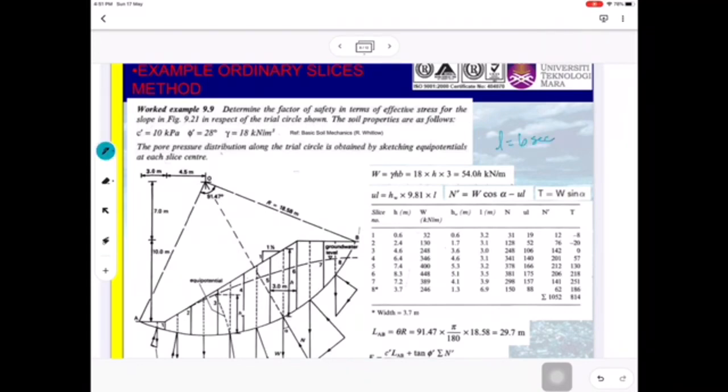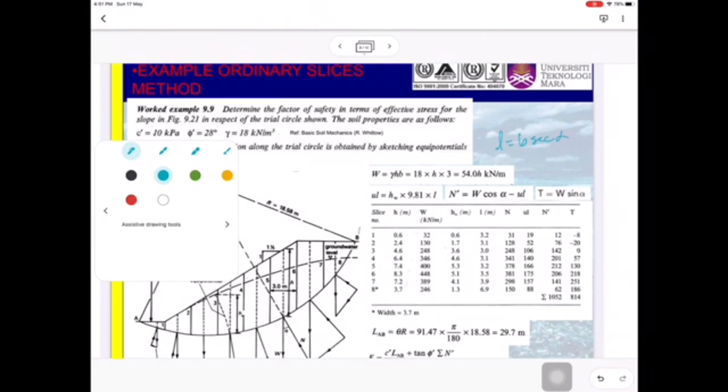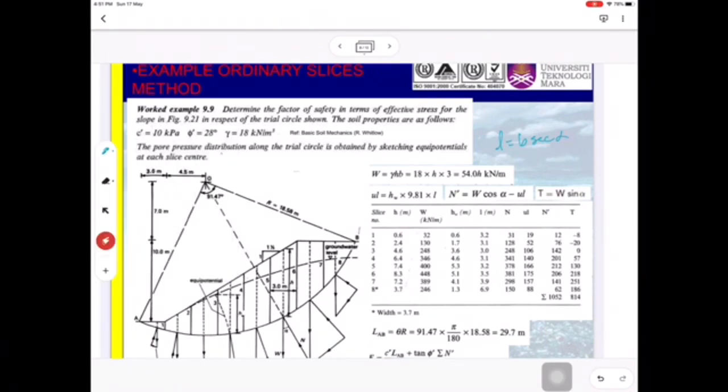L is B sec alpha. Then we have UL. So what is U?